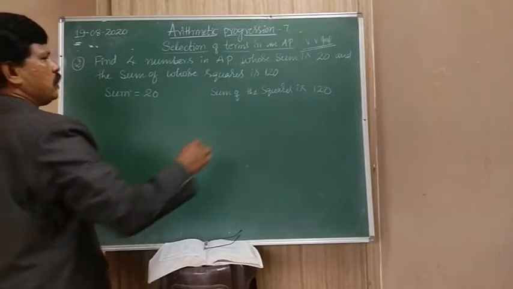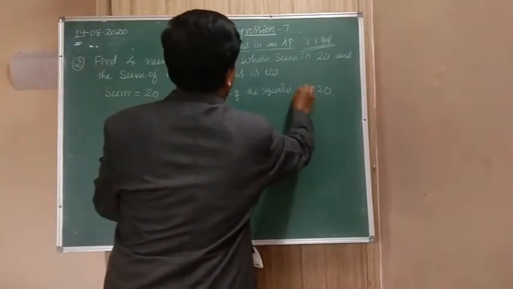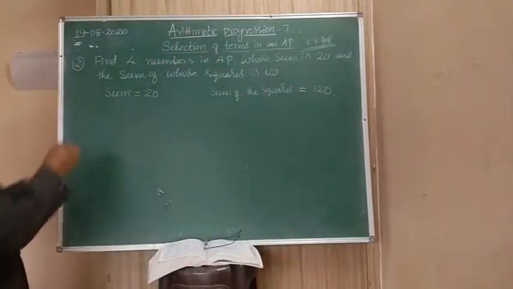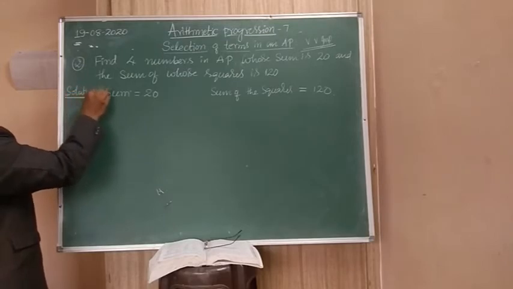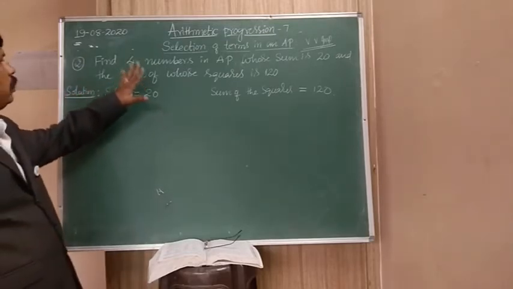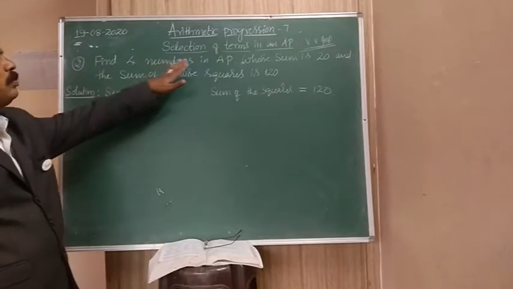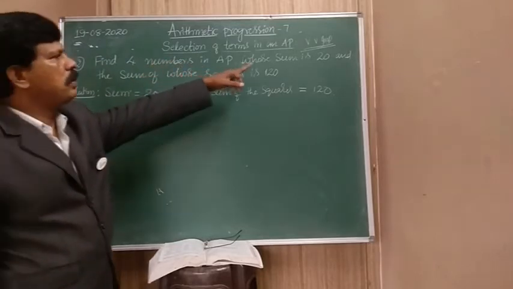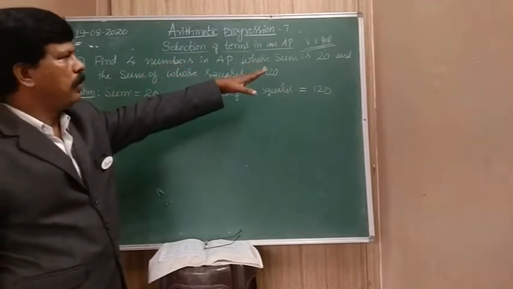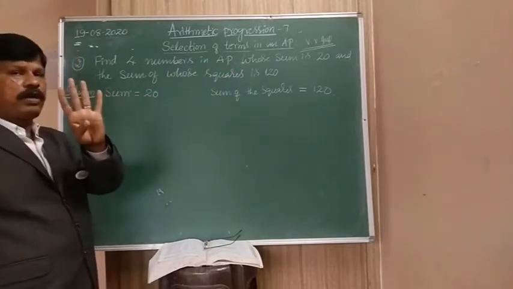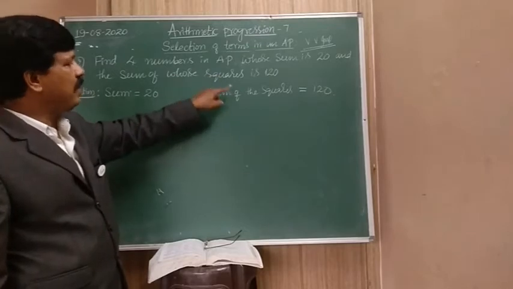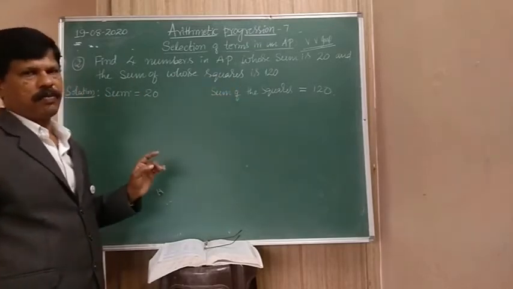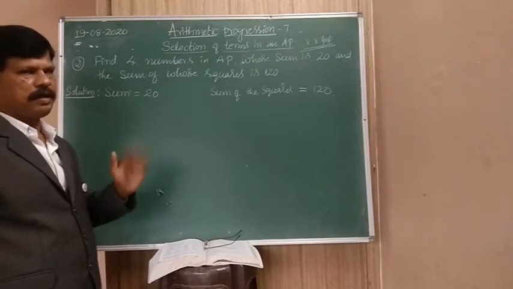So these are the two things. Now solution. Find 4 numbers in AP whose sum is 20. Clear? So the sum of 4 terms is 20 and the sum of the squares of the 4 terms is equal to 120. So both sums are given.